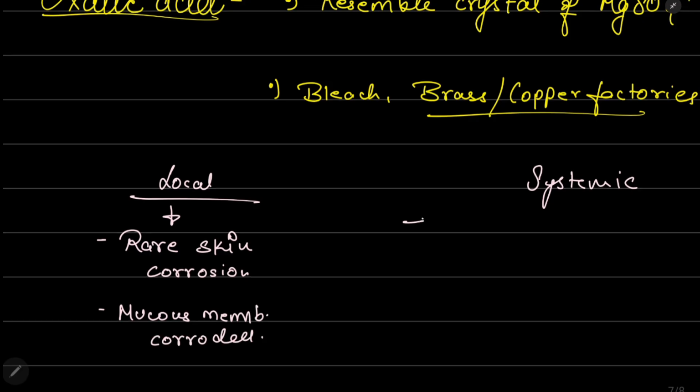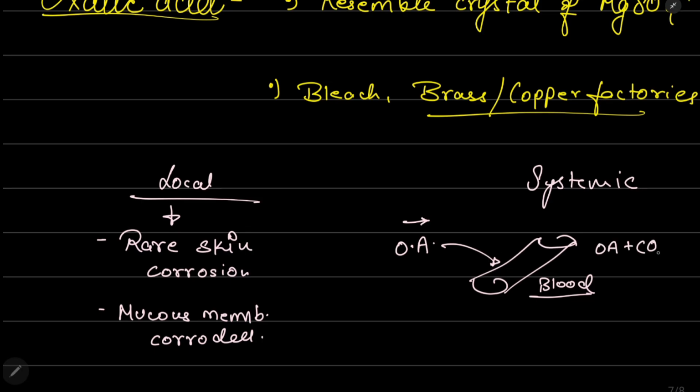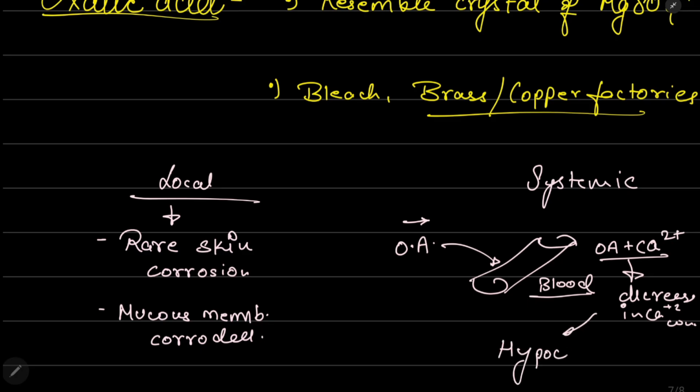Now let's come to the systemic effects. As soon as oxalic acid is absorbed in the blood, it reacts with calcium and binds with Ca2+, and hence causes a decrease in calcium concentration, causing hypocalcemia.